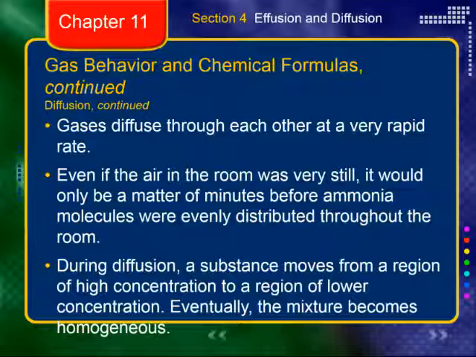A homogeneous mixture, right, means the same type. Same type. That's what the word breaks down to. Homogeneous, same type. A homogeneous mixture is one that, if you were to take a sample of that gas mixture from any point in the container, it would be the exact same composition, right? It's not like in a chocolate chip cookie.